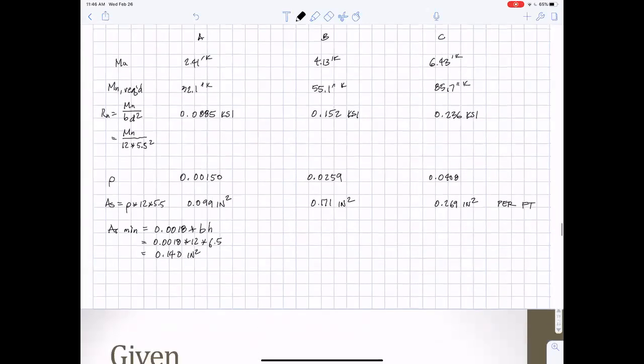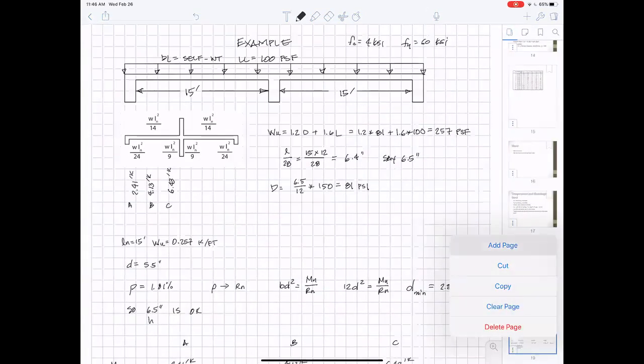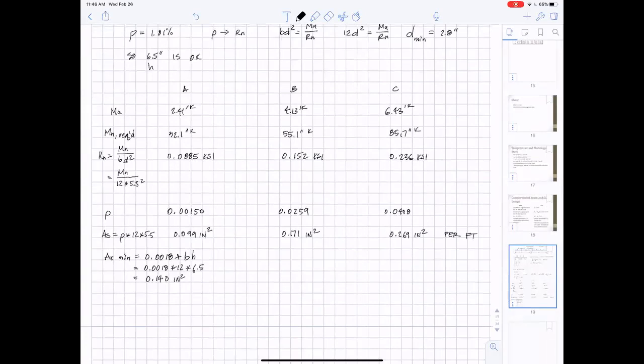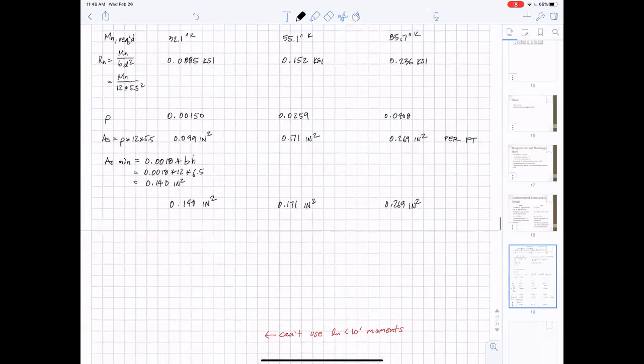So finally, we need 0.14 inches squared per foot, we need 0.171 inches squared per foot, and we need 0.269 inches squared per foot. Next, we have to go to a table and pick those out, and I'll do that in the next video.